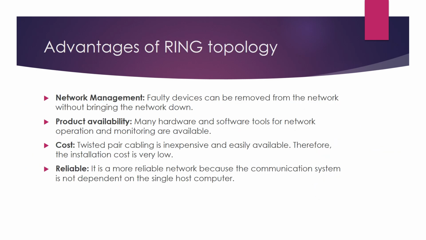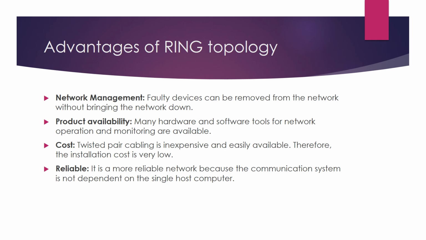There are some advantages and disadvantages, of course. The advantages of ring topology: first of all, network management. Faulty devices can be removed from the network without bringing the network down. Second is product availability. Many hardware and software tools for network operations and monitoring are available.